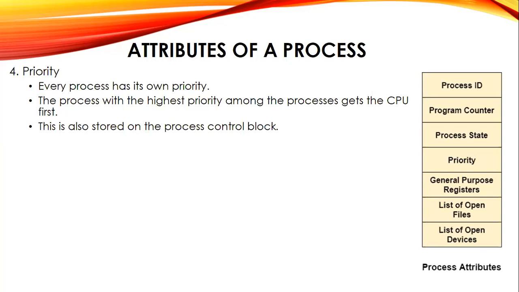In processes, again, while a CPU is executing one process, if another higher priority process comes into RAM, in some algorithms the processor will take that one and suspend the other one.